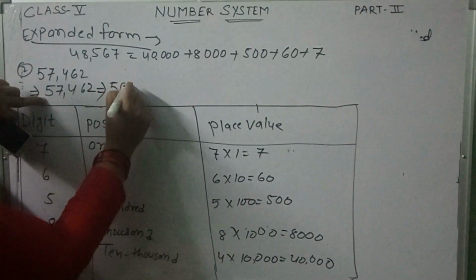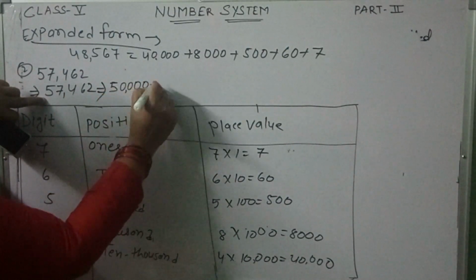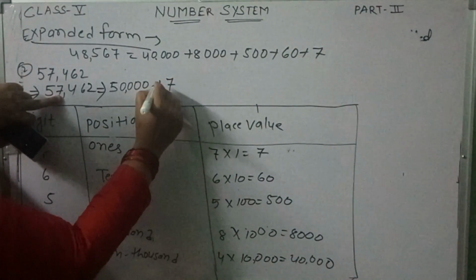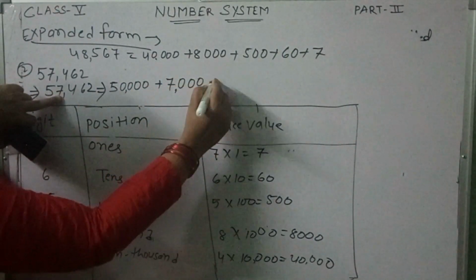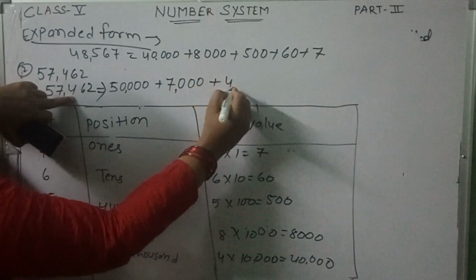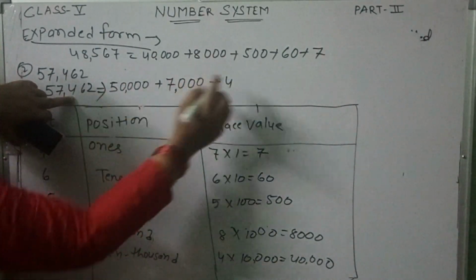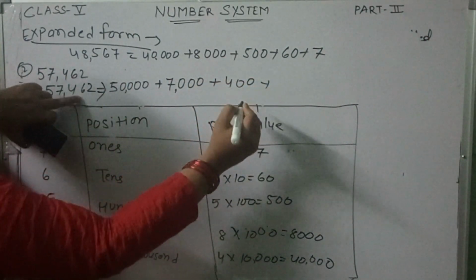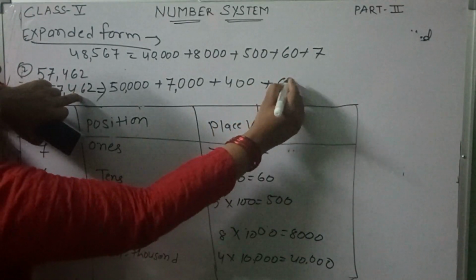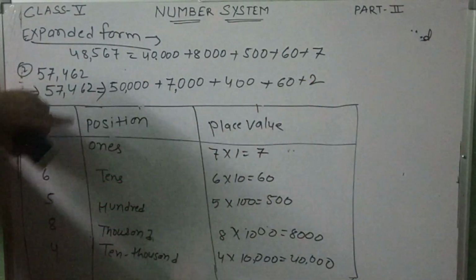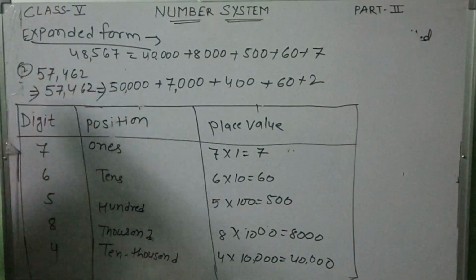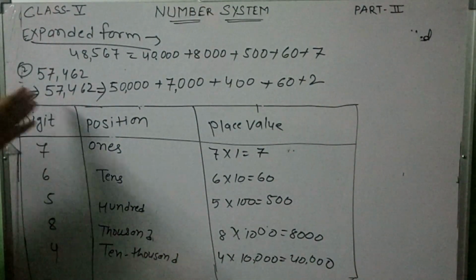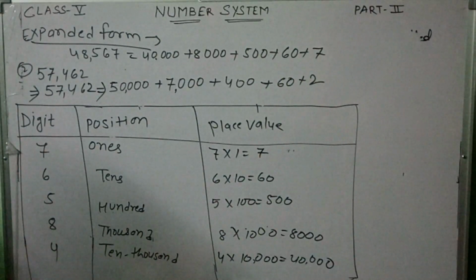Put 4 zeros. Then 7. After that how many digits? 1, 2, 3. Put 3 zeros. After that 4. See how many digits here? 1, 2. So write 2 zeros. Then next one is 6, and this one is 2. So in expanded form we can write like that. Simply we can see the digits, put the zeros and write in expanded form. Okay.